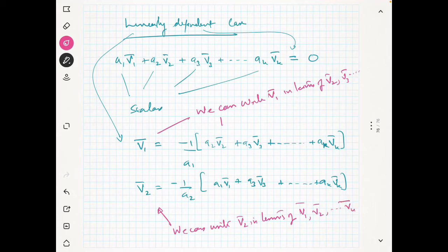So I can write one vector in terms of the others. That is nothing but linear dependence. If the vectors v1, v2, v3, etc. are linearly dependent, then we can write one vector in terms of the others. That means one is depending on another, that's why. So that is the situation.